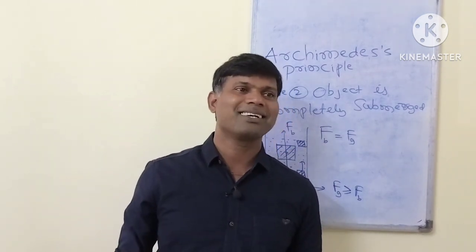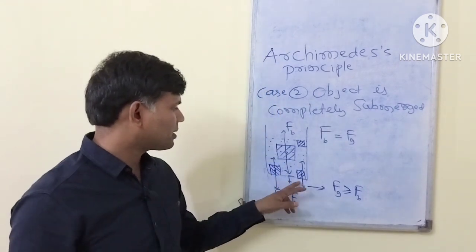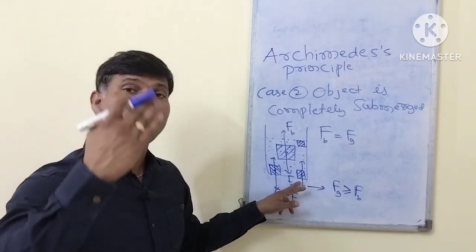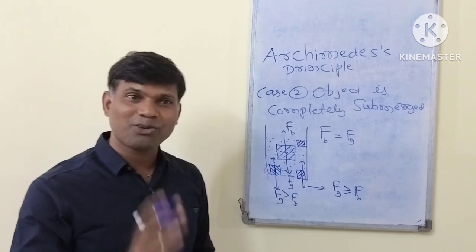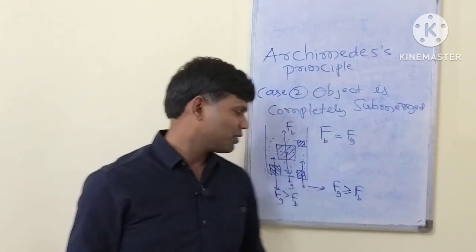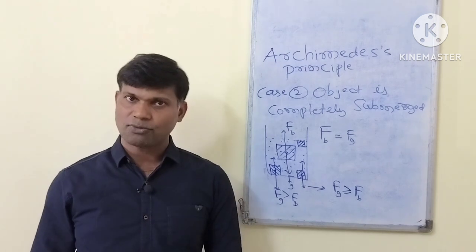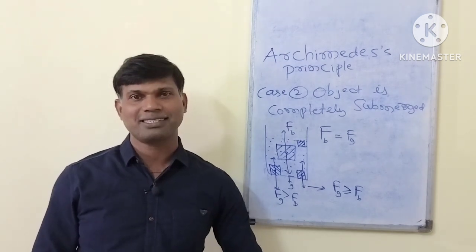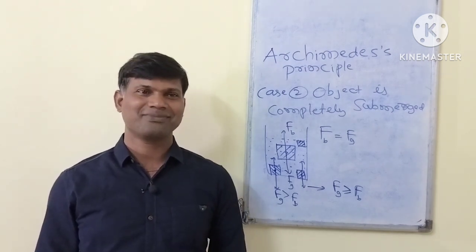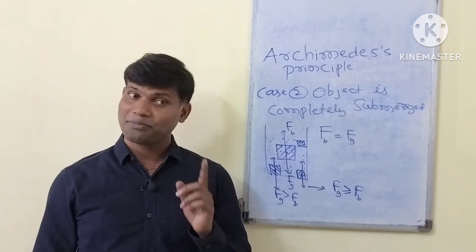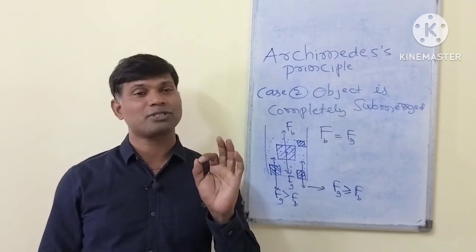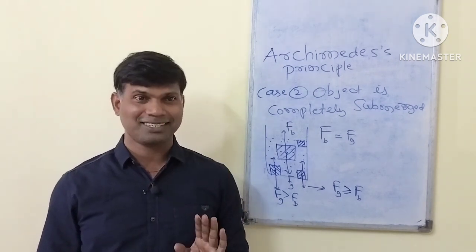It stays there. It means at this point the normal reaction force is 0, because downward force is equal to upward force. So for the same object, the normal reaction force on the bottom surface is 0. This is the most important thing, most people get confused.